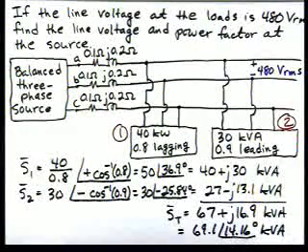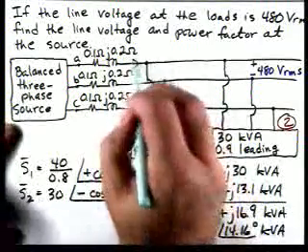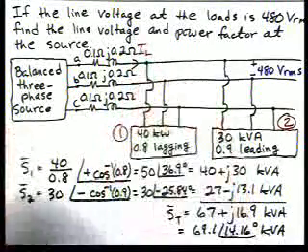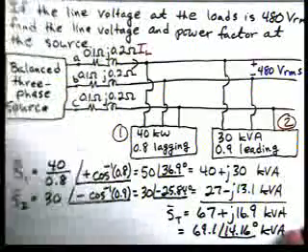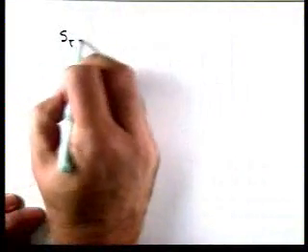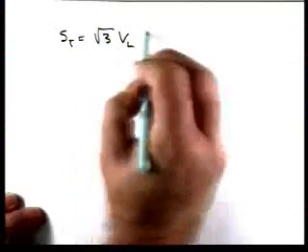Now we can use that to calculate the magnitude of I_L. We know the voltage, we know the complex power. So S sub T, the magnitude of it, is square root of 3 V_L I_L.